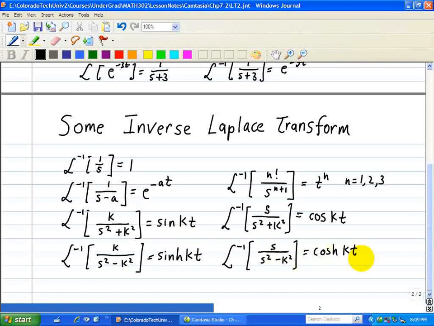Now when you evaluate these inverse transforms, it often happens that the function of s under consideration does not match exactly to any of these forms of a given Laplace transform F of s. So it may be necessary to tweak that function F of s by multiplying and dividing it by an appropriate constant.